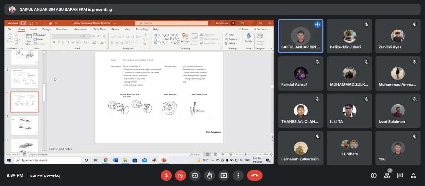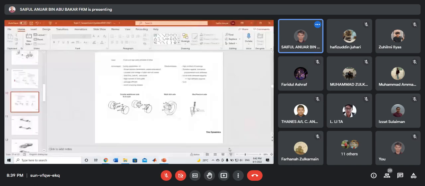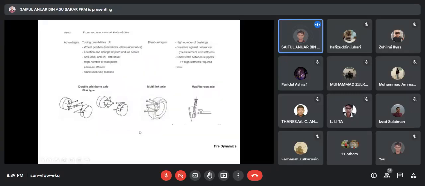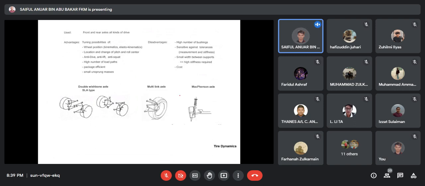Okay, for the SLA type, SLA means short, long arm suspension.